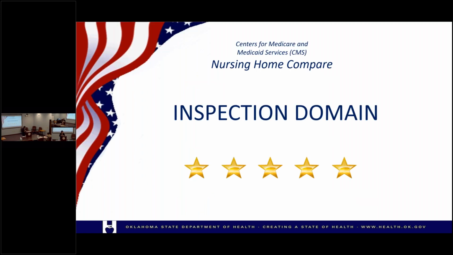The first one we'll take a look at is your inspection domain. The health inspection measures are made up of what they call a cycle. And a cycle involves the 3 most recent standard surveys. It also includes 36 months of complaint investigations, and then any repeat visits the surveyors had to come out and do if you didn't get all of your deficiencies cleared.